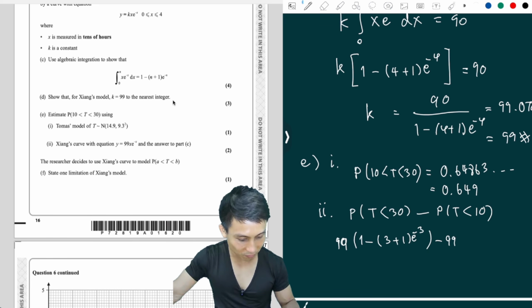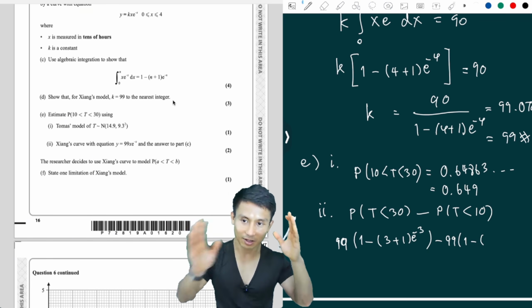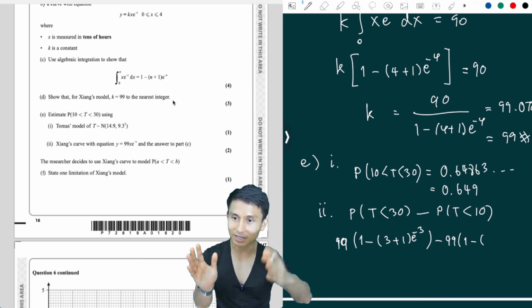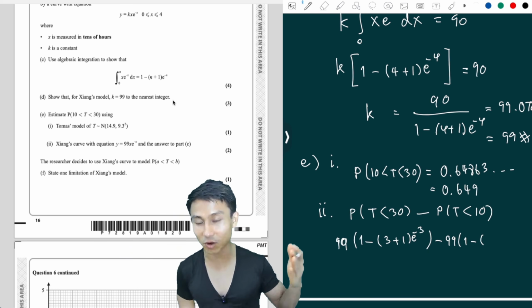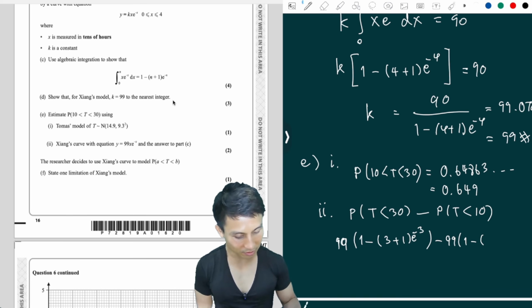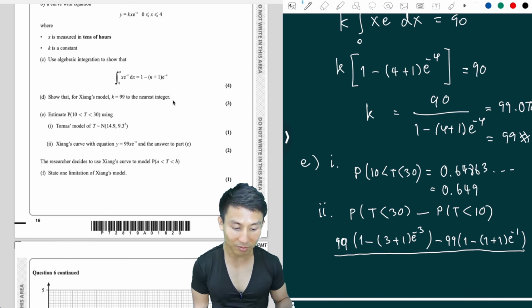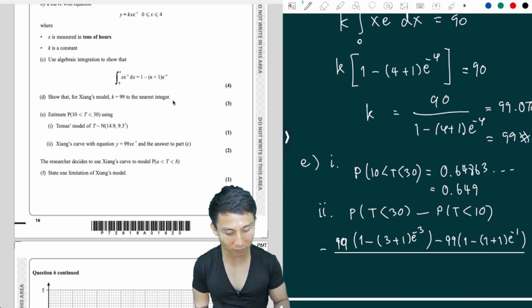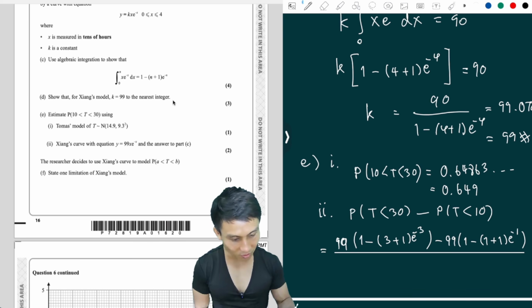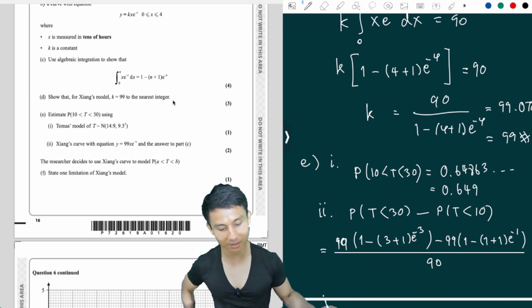We do the same for the other one, which is also 1 minus, and this time we do n equals 1 for the upper limit. So this is 1 plus 1 e to the minus 1. That will be the number of people from 10 hours to 30 hours. But because we want to find the probability, we have to divide all this by 90.